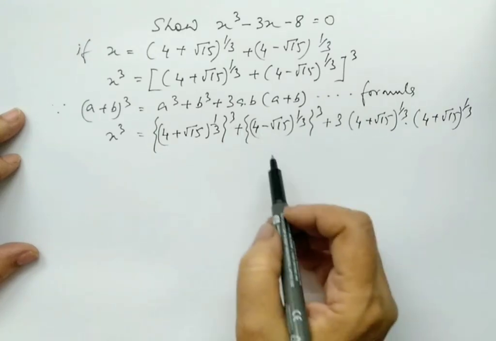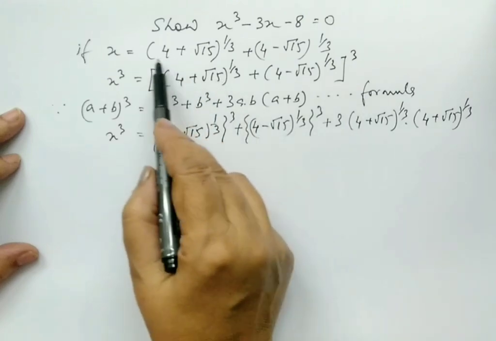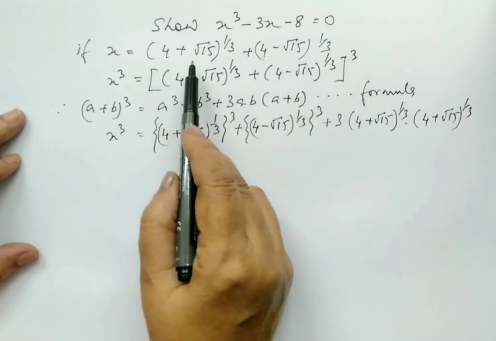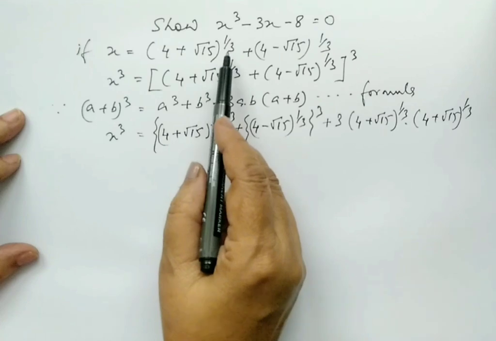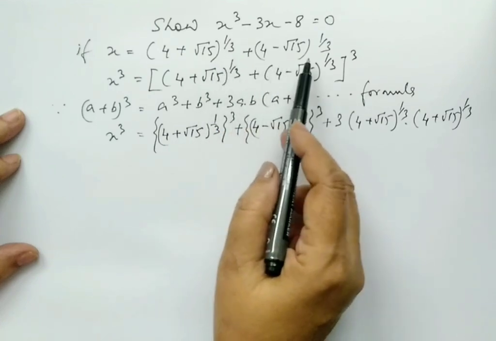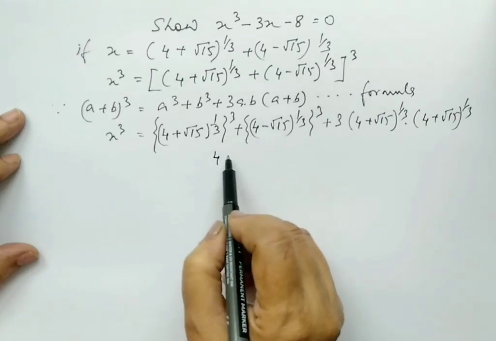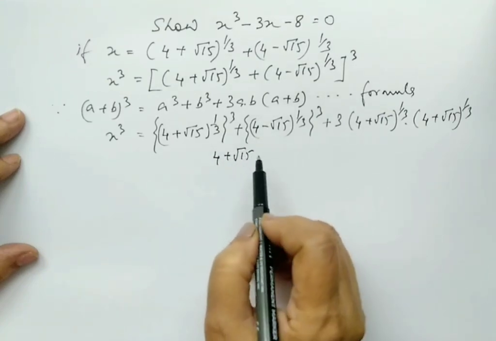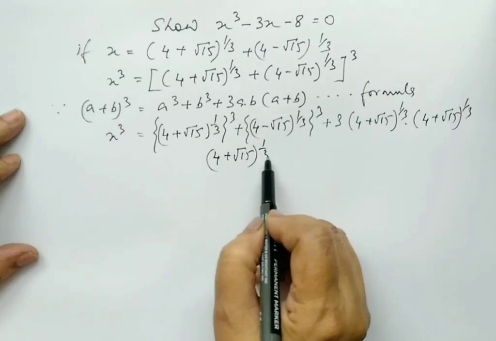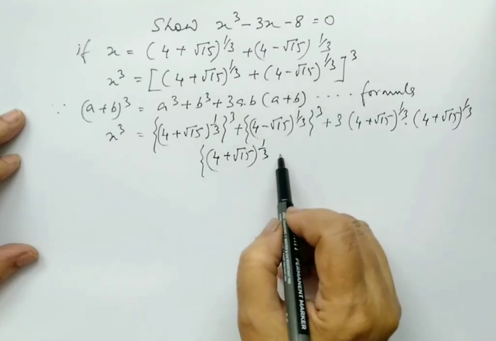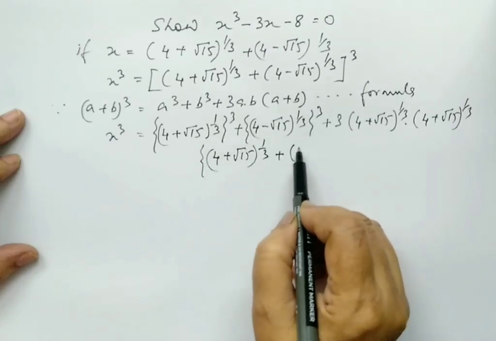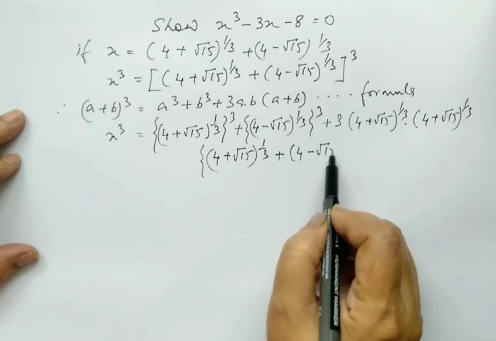Alright, so let's copy this, because 4 plus root 15 to the power 1 by 3 plus this is equal to A plus B. So directly let's copy this. We need to put a curly bracket here.